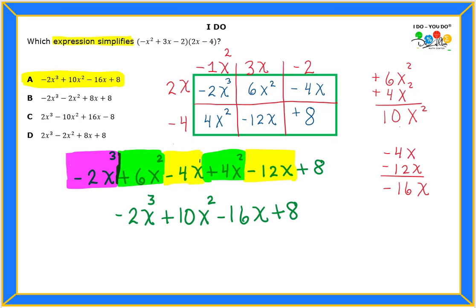For example, B has negative 2x squared, and I don't have that. I have a positive 10x. Letter C has a negative 2x cubed, and that one has a positive. And letter D has a negative 2x squared, and I have a 10. So yeah, we confirm every single one of the answer choices.